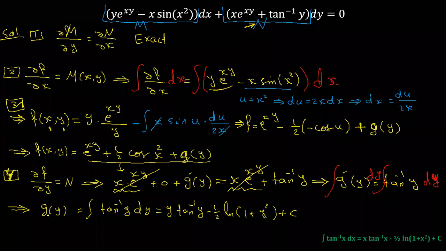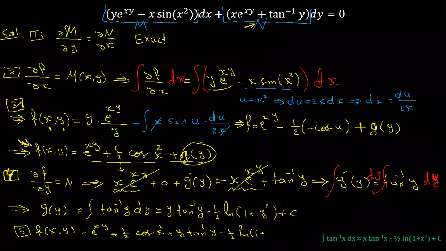Now I found g(y). Last step, step 5: my f(x,y), which I found here, I only need to substitute the g(y). So e to the xy plus half cosine x squared plus the g(y) which I found, y tan inverse y minus half ln of 1 plus y squared plus c.